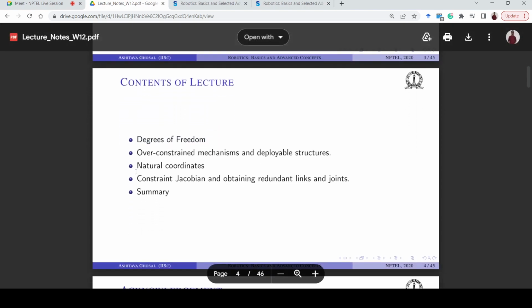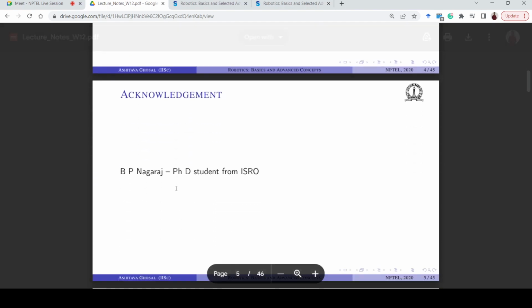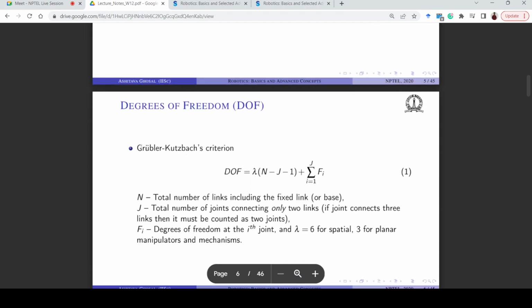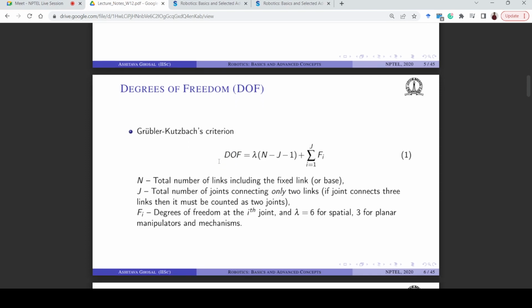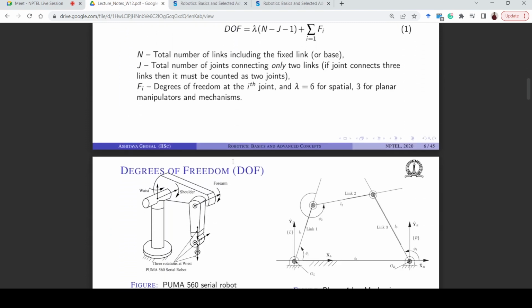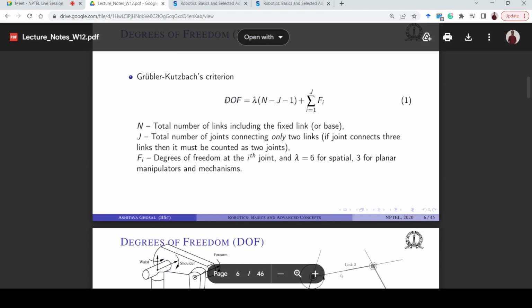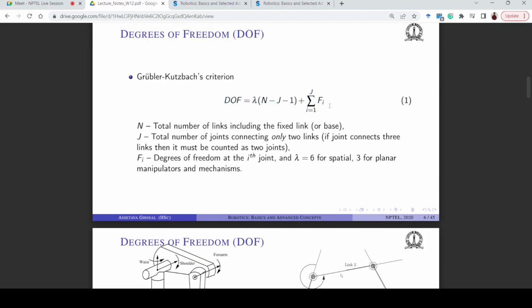Because to calculate degree of freedom, the usual approach is using the Grubler-Kutzbach criteria. But this only takes into account the number of links and number of joints. It does not take into account any special geometry. Due to this, the mechanisms discussed this week had their degree of freedom less than one.